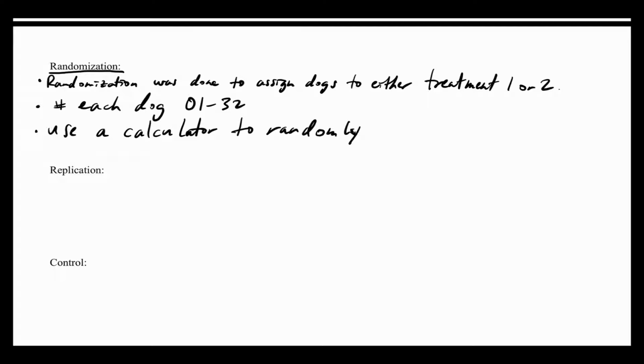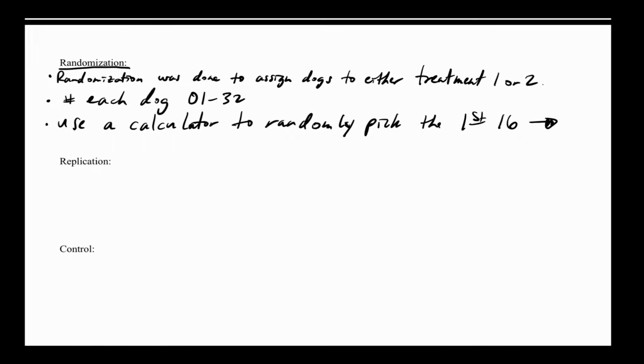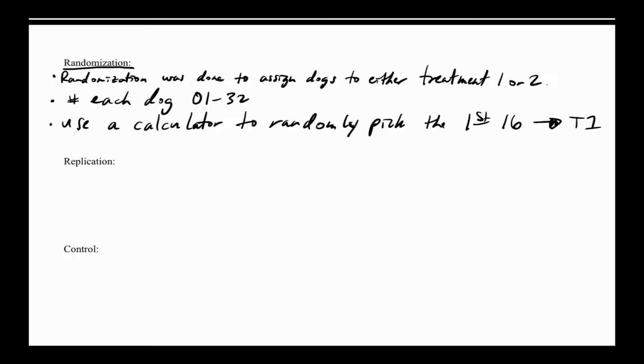Okay, so I tell the calculator to pick 16. Who do they go to? Treatment 1. Okay, use a calculator to randomly pick the first 16 to treatment 1. We'll say T1. Second 16 to T2. That's a method. That's a system.